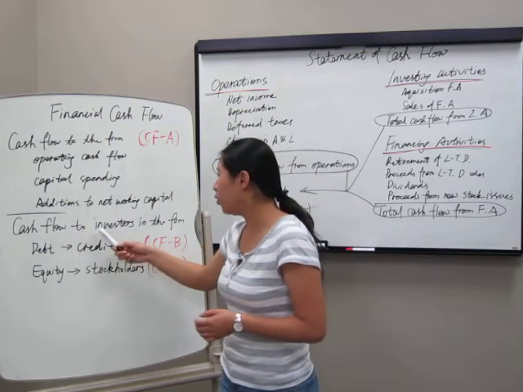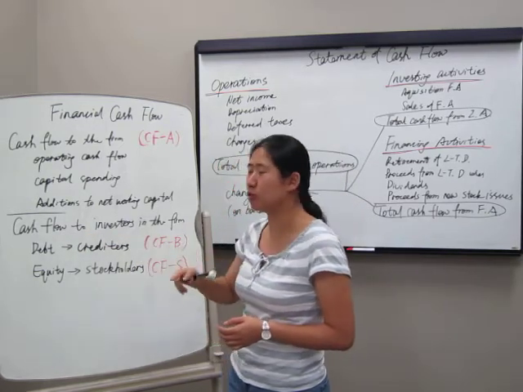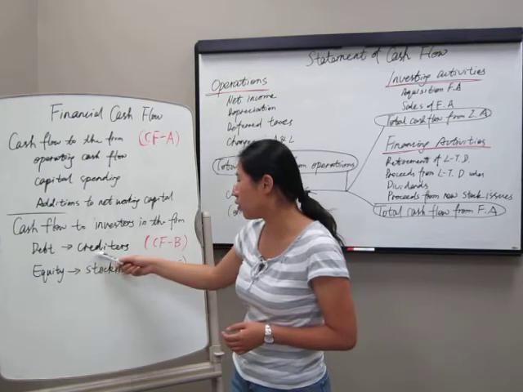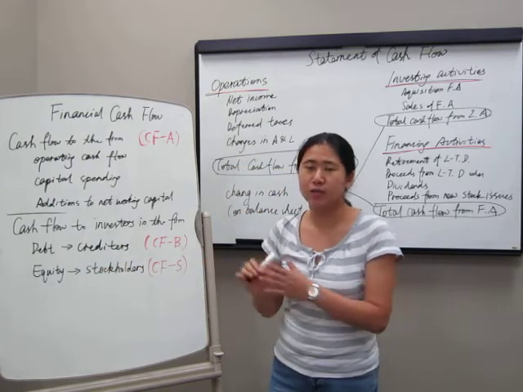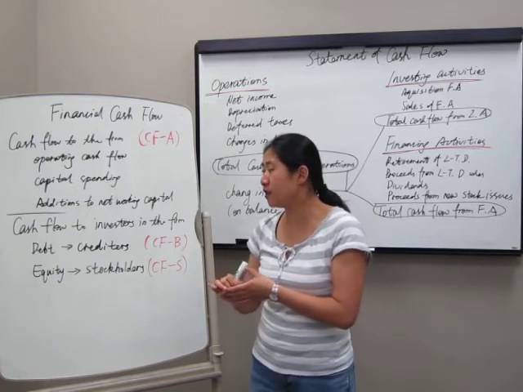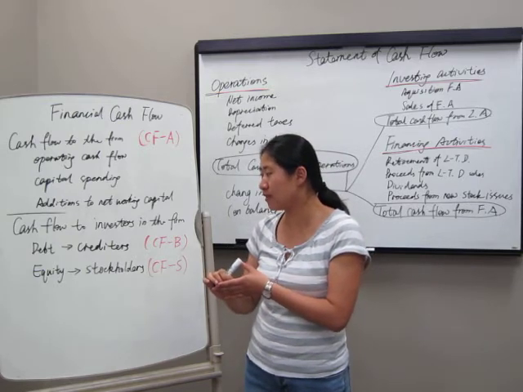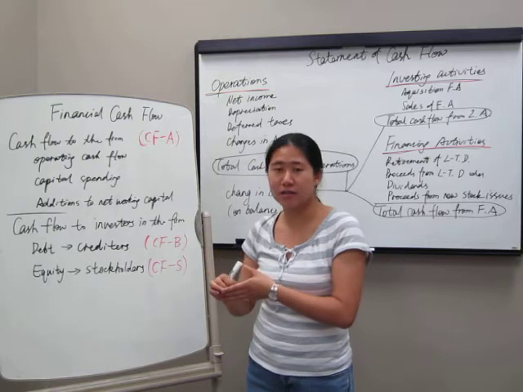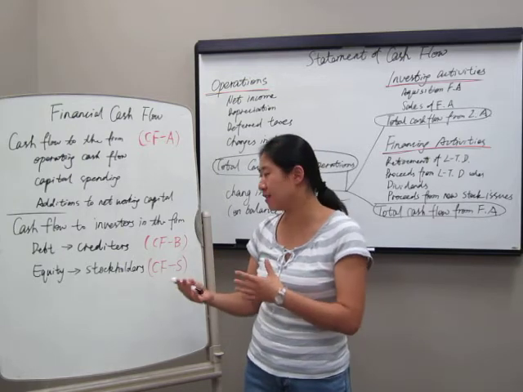And the cash flow to the investors is composed of two parts. The cash flow to the creditors equals the interest plus the retirement of long-term debts minus the proceeds from long-term financing.